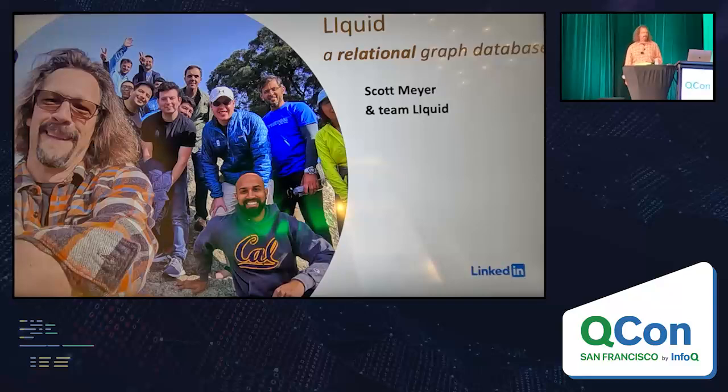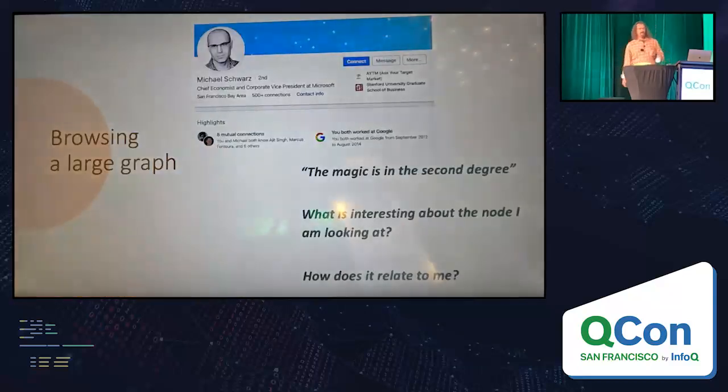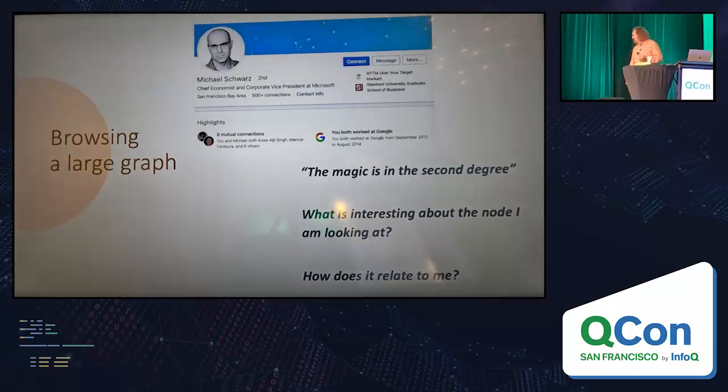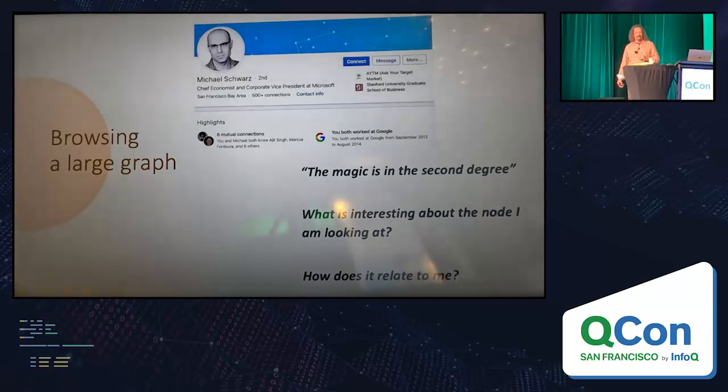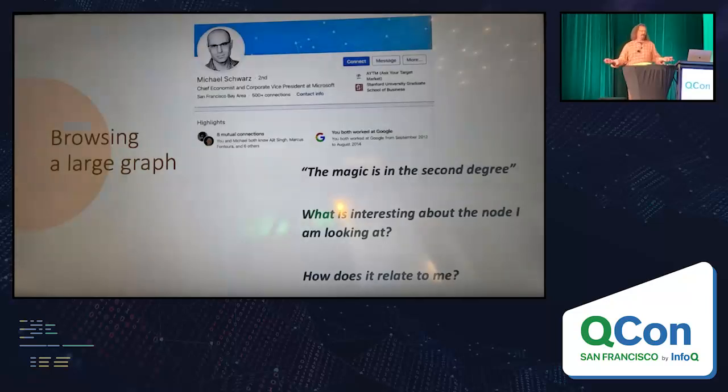Okay, so first question is, why did LinkedIn build a graph database, right? Now the recruiter who brought me to LinkedIn explained LinkedIn to me. He said, look, the magic of LinkedIn is in the second degree. Like your first degree, all your connections, you already know who they are.